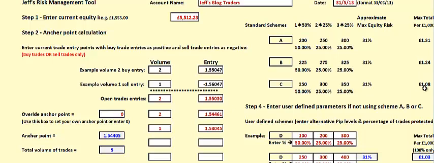Similarly, on scheme C, we're going to be working further away from the anchor point, so the trades have to be smaller, and in this case we can use £1.08 per £1,000 of equity.